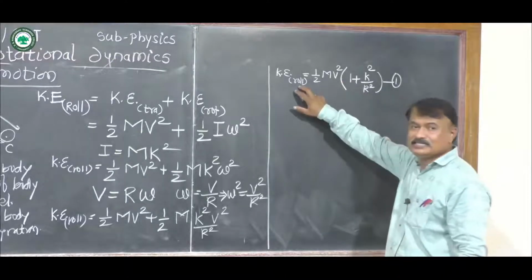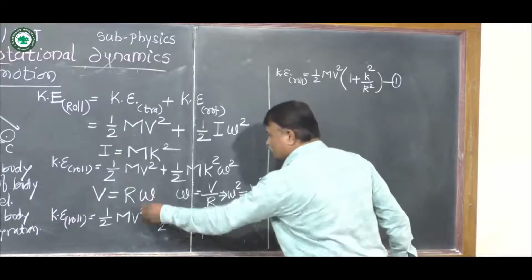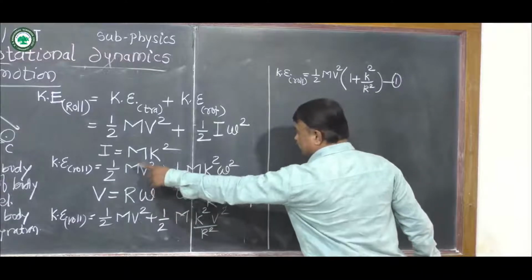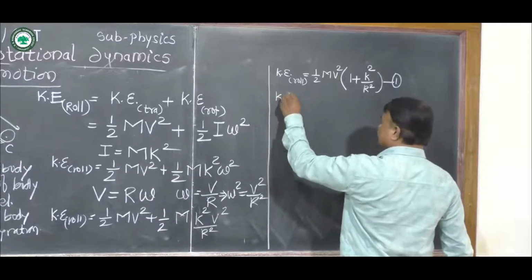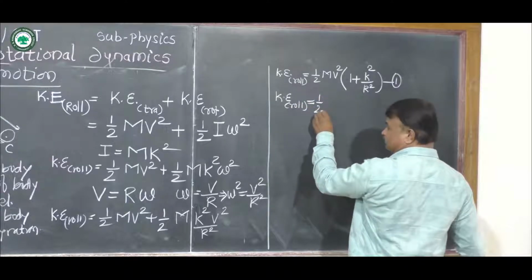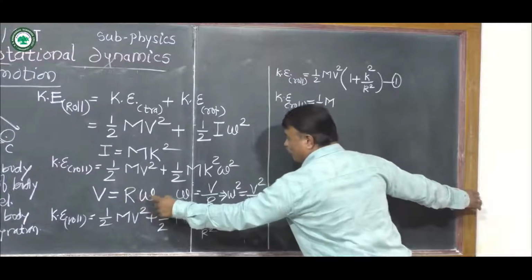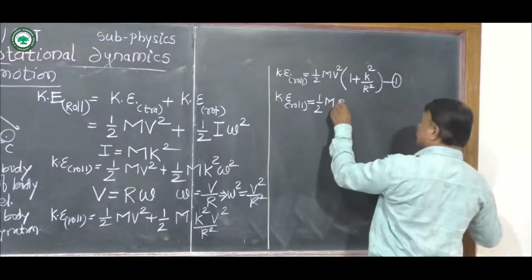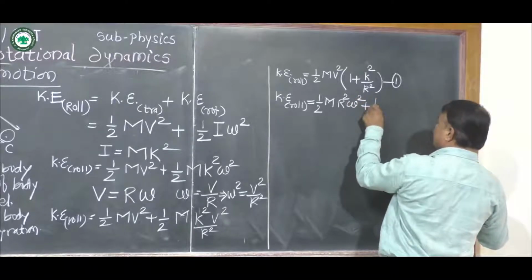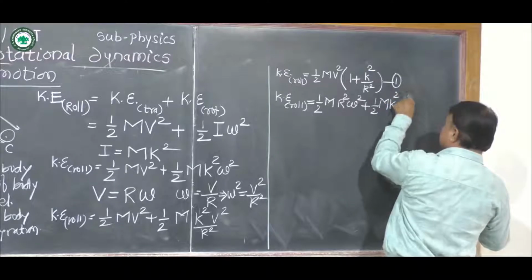Now this relation can also be written in terms of angular velocity. For that purpose we use the relation V is equal to R omega. Then the kinetic energy of rolling is half m times R square omega square plus half m k square omega square.